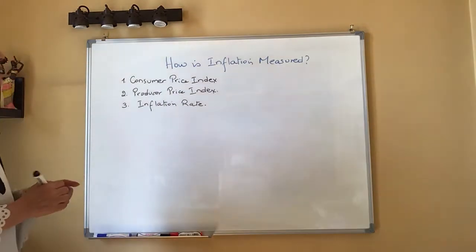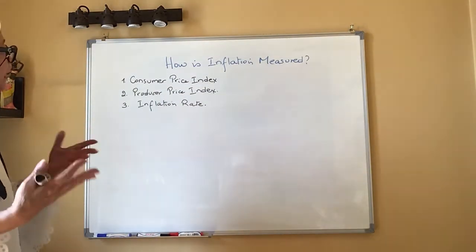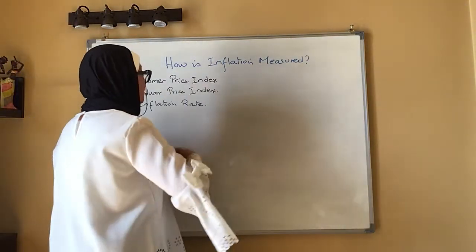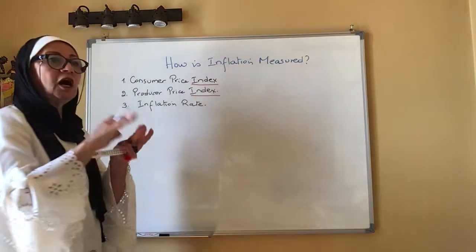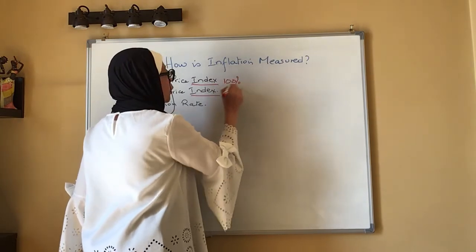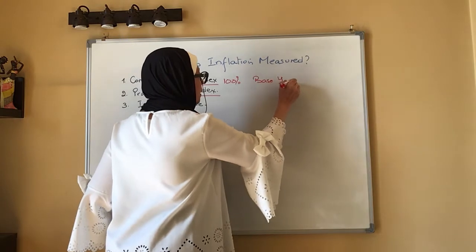Those are the three measures that economists use to evaluate inflation. When we say index, we mean we give a certain value as 100%, or what we call a base year value.